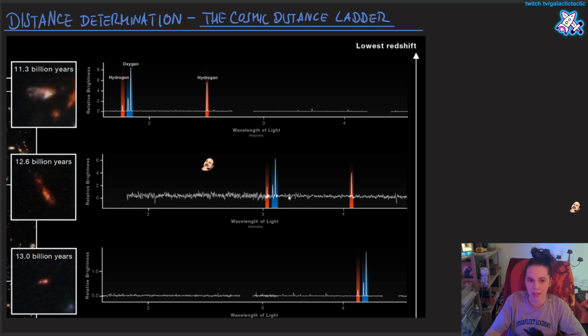These are the same lines, but you can see they are at different wavelengths. Why are they at different wavelengths, even if they're the same lines? Because the further away they are, the more redshifted the light goes, right? So this galaxy here is further away than this galaxy, so it's shifted more towards the red. This is very, very far away.